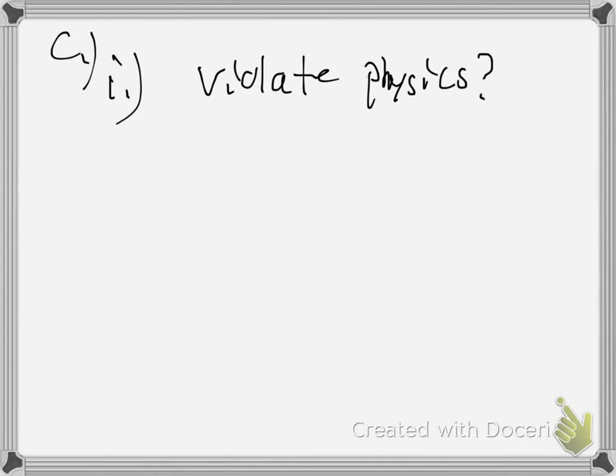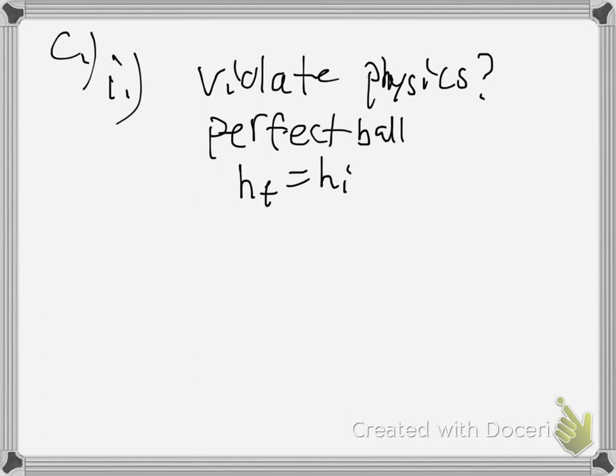So let's think about that. So if you had a perfect ball, then the bounce height would always equal the drop height. Okay? And that's if you have a perfect ball. Now, the violation should be easy to notice here.